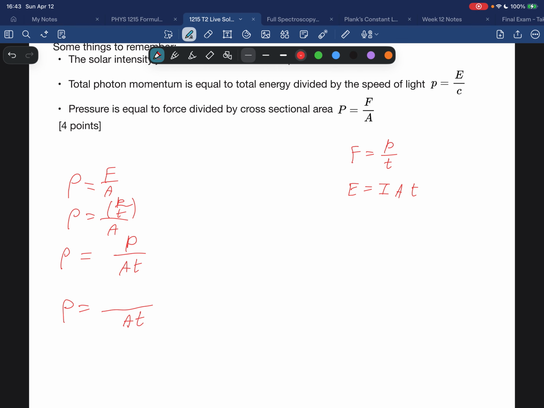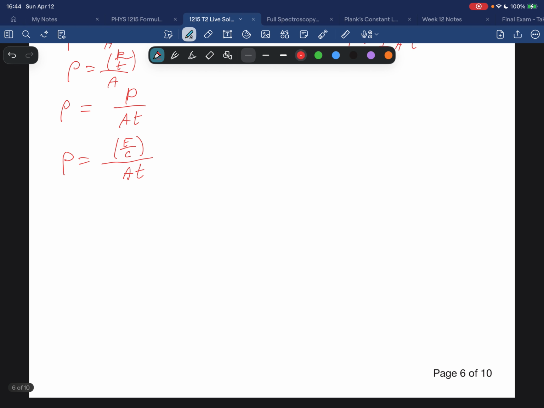But what I do know is that momentum is equal to the energy divided by the speed of light c. So we're simplifying this a little. I have that the radiation pressure is equal to energy divided by c A t.